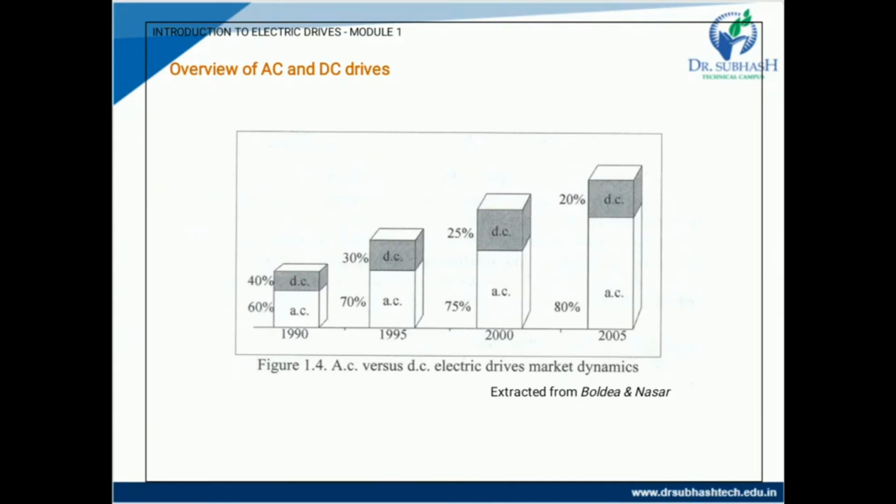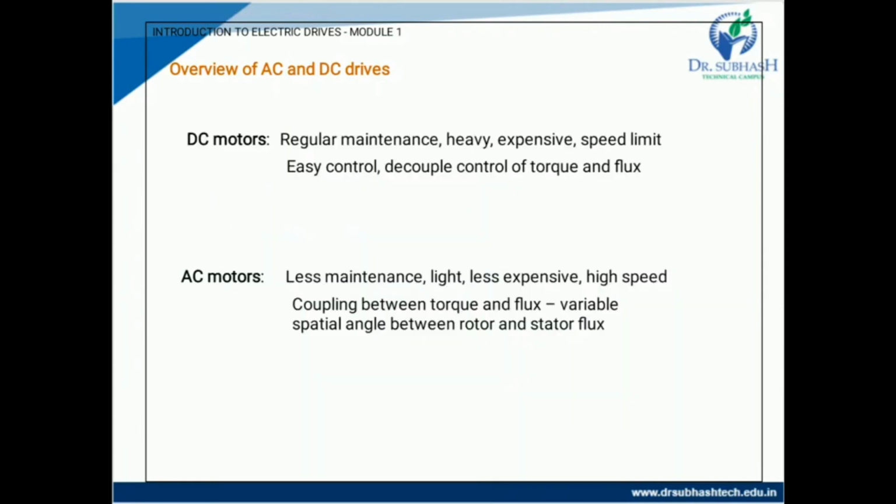In 2000, 75% were AC drives and 25% were DC drives. In 2005, the change is directly to 80% AC drives and 20% DC drives. So there are many applications of AC drives in electrical drives. This is the impact of AC drives on DC drives all over the drives.